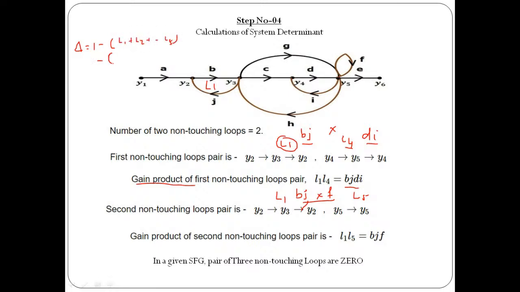Then minus, here we need to take the gain product of two non-touching loops, so it will be L1 L4 plus L1 L5. Then minus the gain product of three non-touching loops, but because we don't have three non-touching loops, that is going to be 0. So the formula to calculate delta is restricted to this particular term only. This is important.